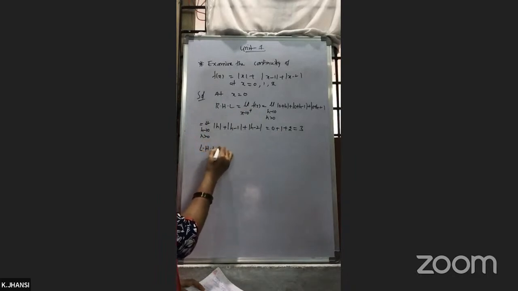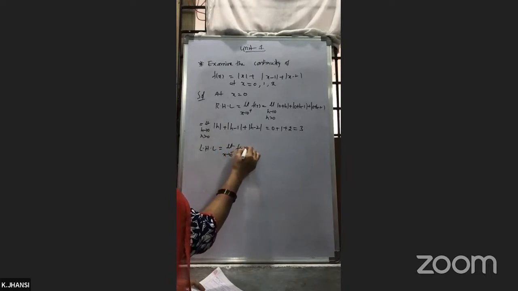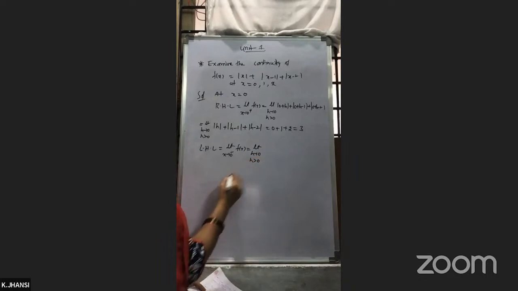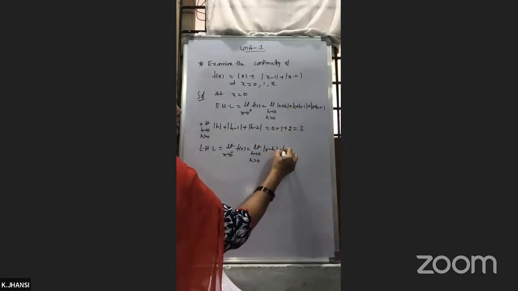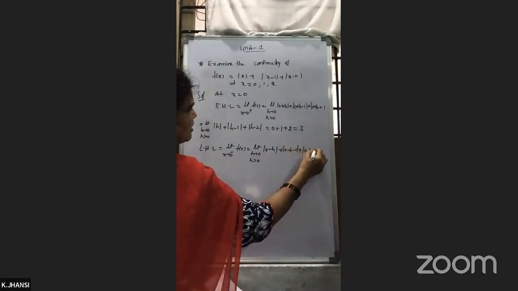Now if you see LHL, it is equal to limit x tends to 0 minus f of x. So it is limit h tends to 0, h greater than 0. In place of 0 plus h, you write 0 minus h. Minus h plus mod of 0 minus h minus 1 plus mod of 0 minus h minus 2.